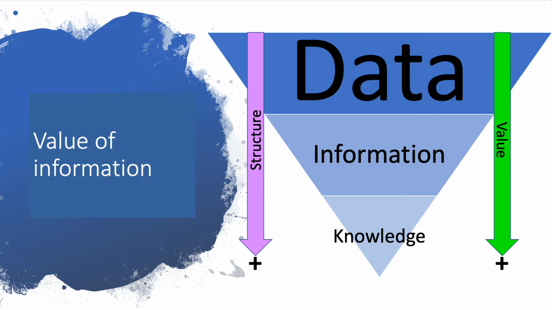The better the information is structured, the more it is organized, the more it makes sense, the better knowledge it becomes. So the more value it has to us as an organization, allowing us to reduce risk, because accurate information is going to help us to make better decisions. When we're making better decisions, we have less chance of getting it wrong, and risk is really about the possibility that we might get it wrong.